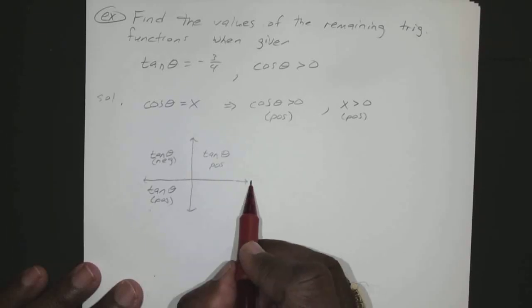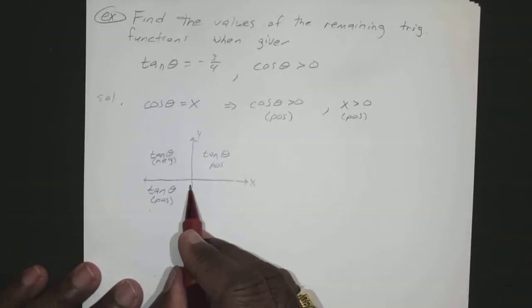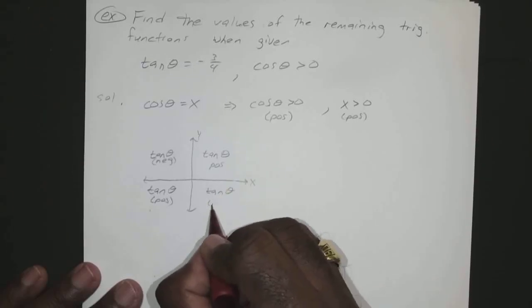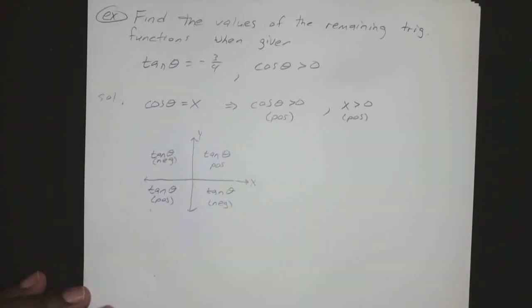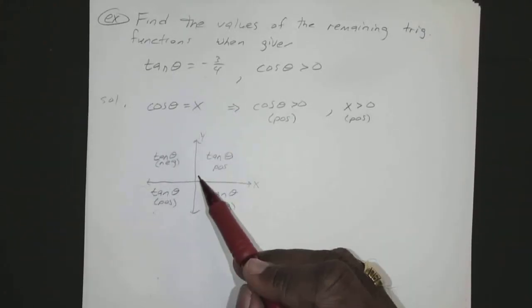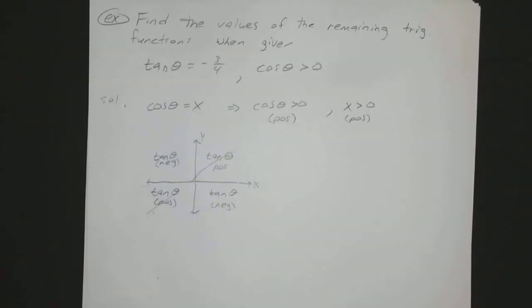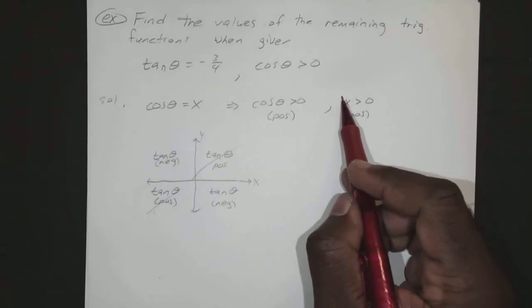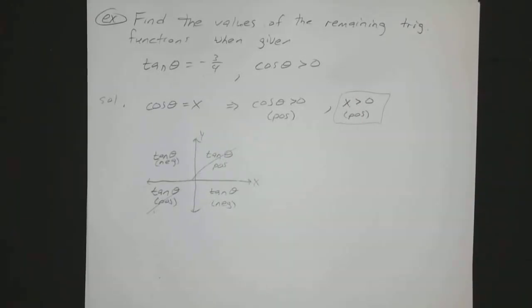And here you have a positive x and a negative y, so tangent theta is negative. Okay? So we know it's negative 3 over 4, so we can cross out quadrant 1 and quadrant 3. But they also gave us that x is positive.